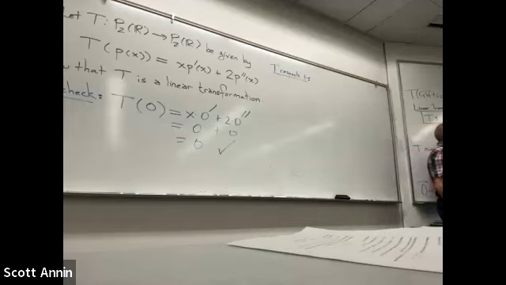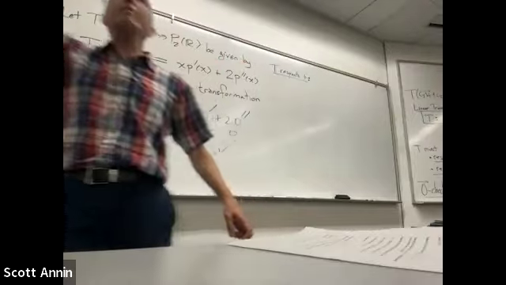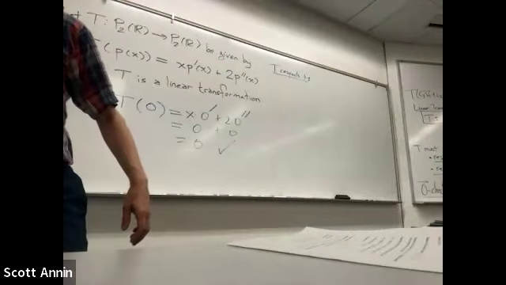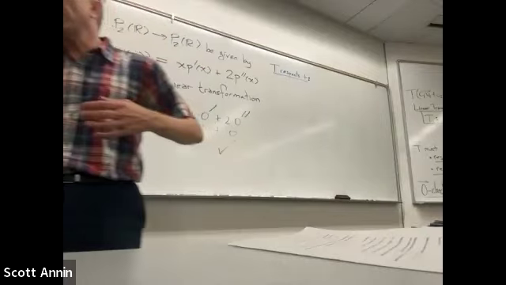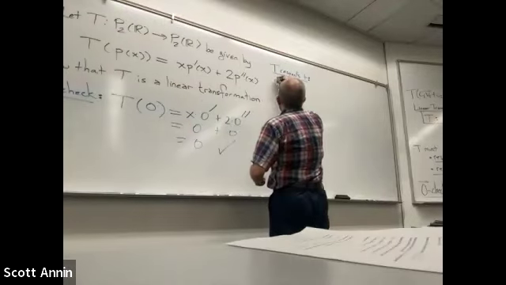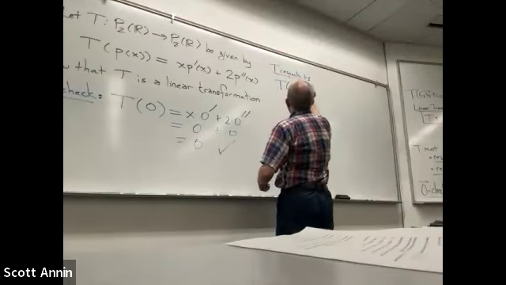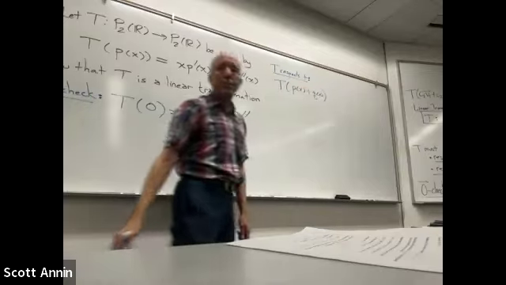For respecting addition, I have to plug in two vectors from V, and we are plugging in polynomials here that look like P of X. So I need two of those. I'm going to take a P of X and a Q of X, two polynomials. Let's take T of P of X plus Q of X.